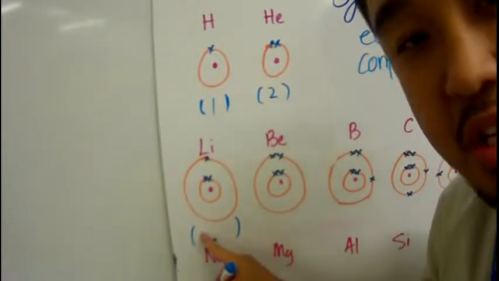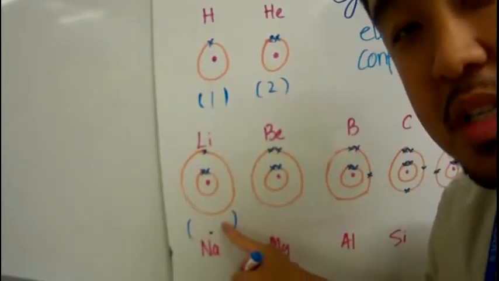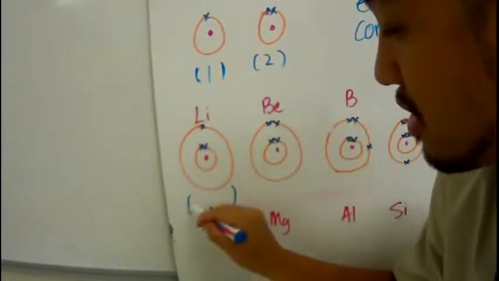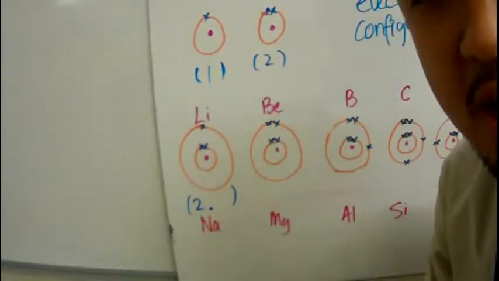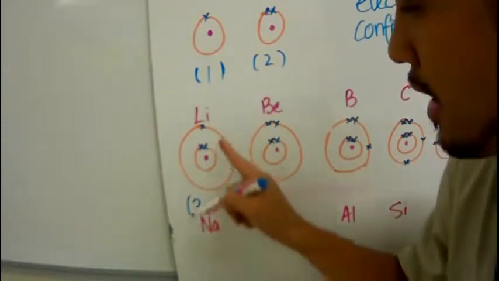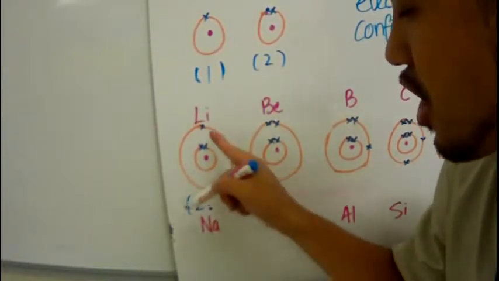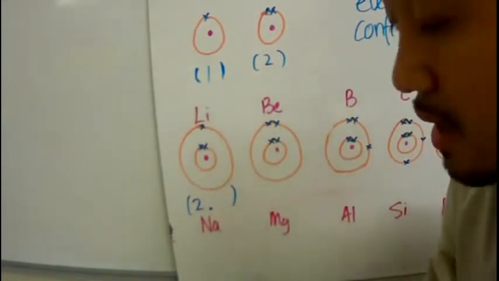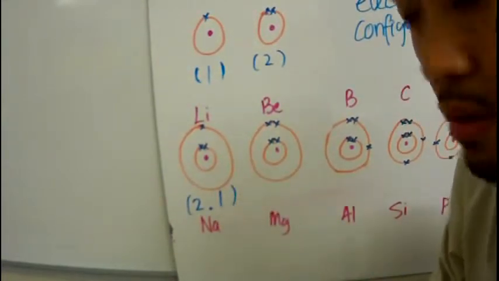This will be the first energy level, and this will be the second energy level. The first energy level has 2 electrons, so you write 2 in here on the left side like so. And the third electron, on the second shell, you have 1 electron and you write it in like so.